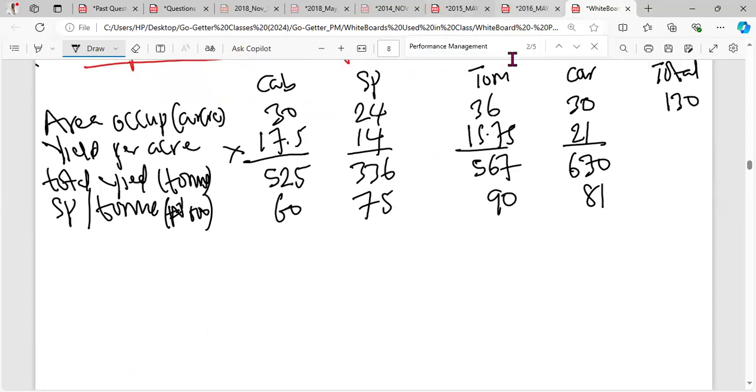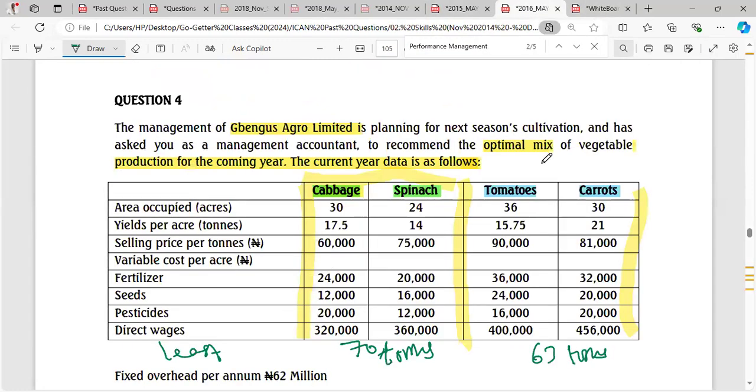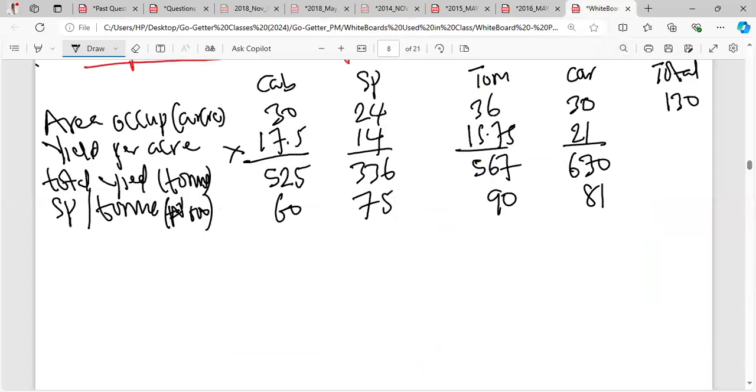Okay, what I will now do here, let me underline this first. Then I will say less variable costs.